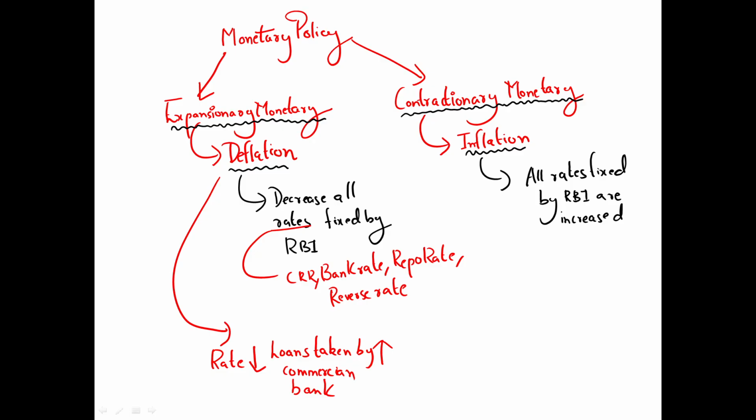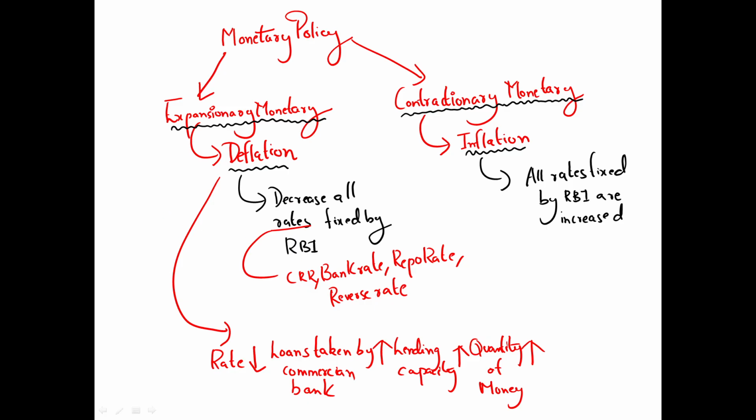As a result, the loans taken by commercial banks from the RBI increase, and the lending capacity of the commercial banks increases. As a result, the overall quantity of money supply in the economy increases during deflation. I hope you understand.